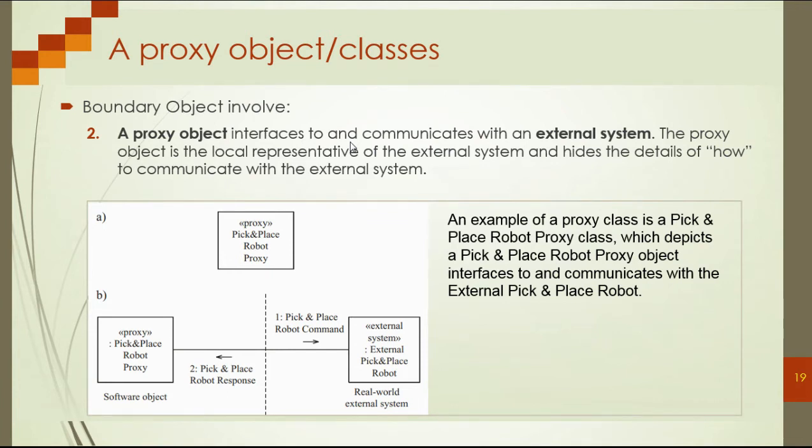An example of a proxy: if a pick and place robot is an external system that interacts or communicates with our system, we should create a software object, and this software object is the proxy object, and it is used to represent this external system.